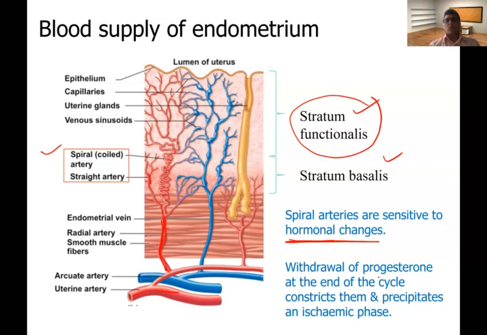And withdrawal of progesterone towards the end of the endometrial cycle constricts these spiral arteries and precipitates an ischemic phase to the stratum functionalis, that is that area. Because of this ischemic phase, the stratum functionalis breaks down and gives rise to menstruation, leaving the stratum basalis behind. So this part will not break down. So remember this point and relate it to this area.